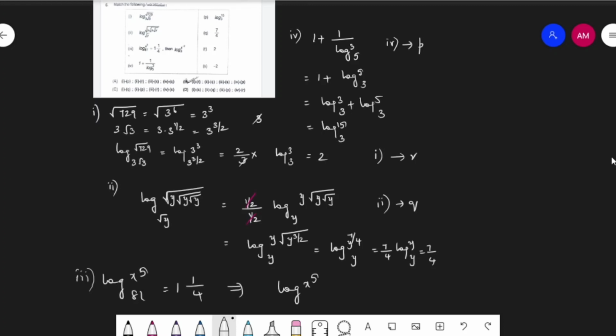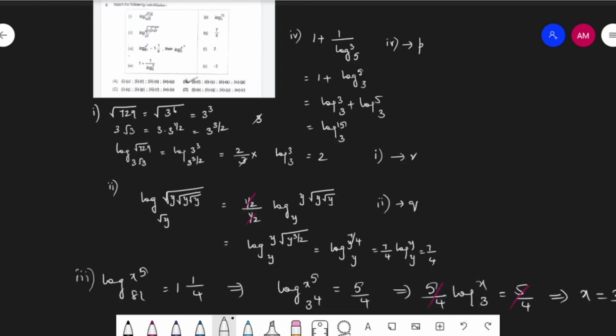How can we write 81? We can write 81 as 3 power 4. So 5 by 4 into log x to the base 3 is equal to 5 by 4. From this it is very clear that 5 by 4 gets cancelled, so x is equal to 3.